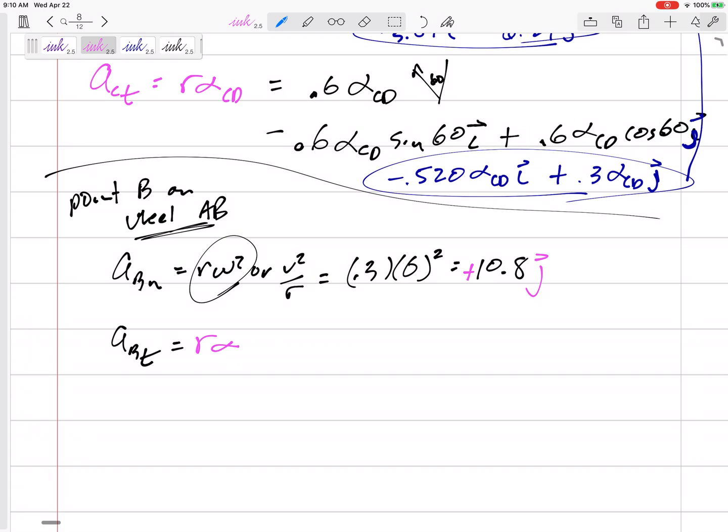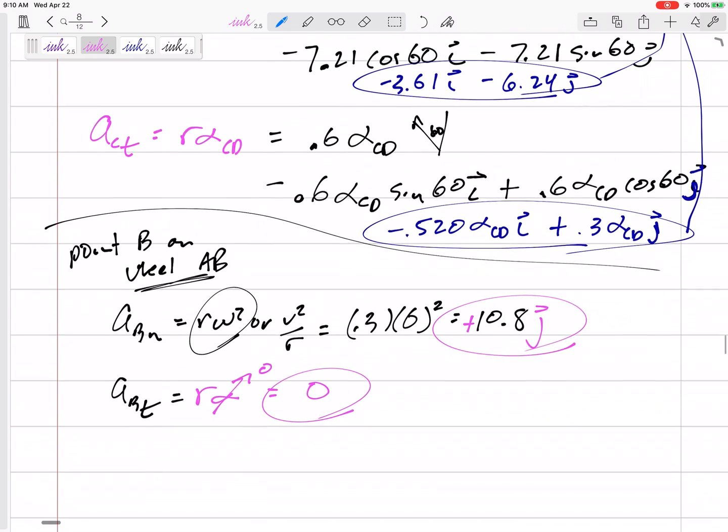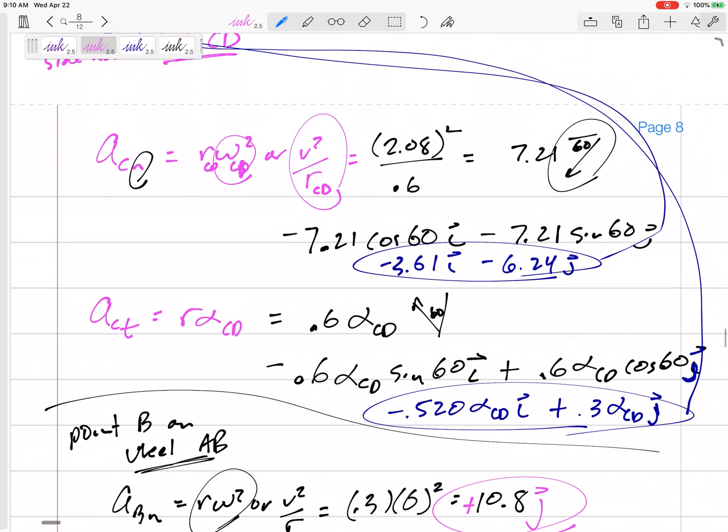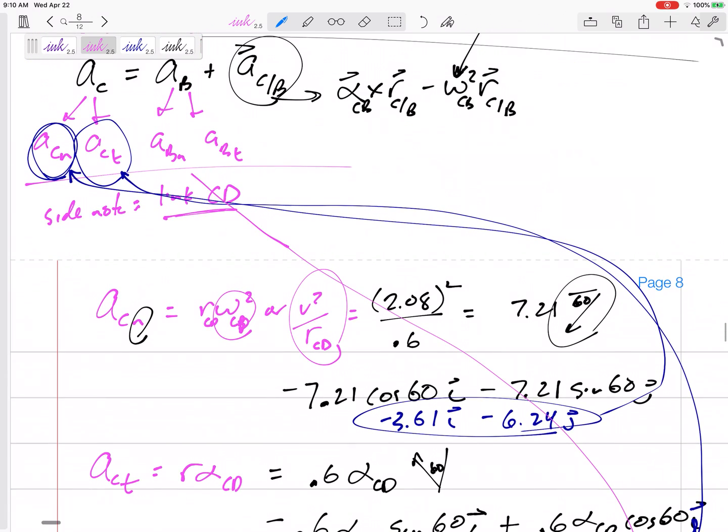AB tangential is R alpha. That is 0 because it said it had a constant angular velocity. Constant velocity means acceleration is 0. Okay, but only the tangential acceleration is 0. It still does have some normal acceleration. Anytime something's in a circular path, don't forget about normal acceleration. All right, so that right there is what I'm going to plug in for that term.